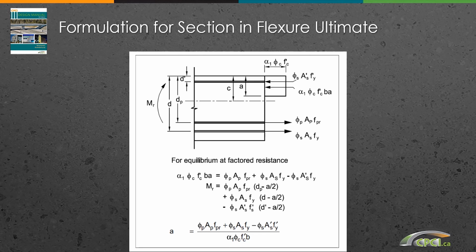And the formula at the bottom is the standard equation to calculate the value of a, the compression block on top. We'll take this and apply it to different cases and try to see a couple of solved examples, but it's not going to take that much time here.